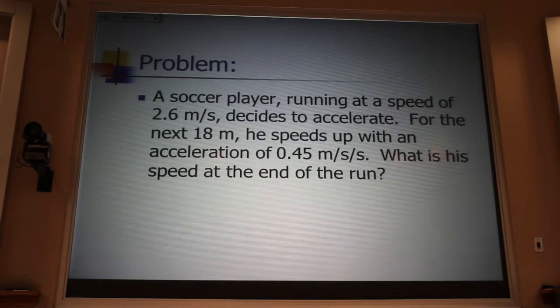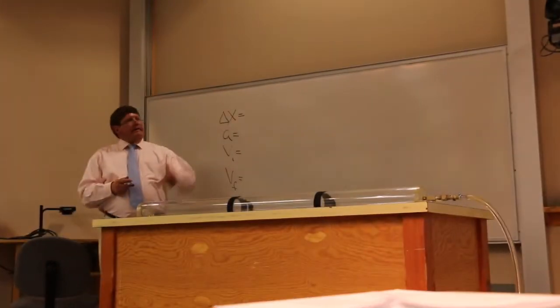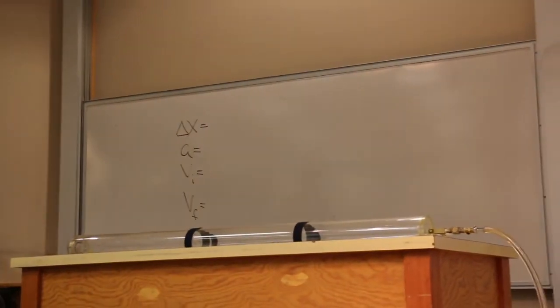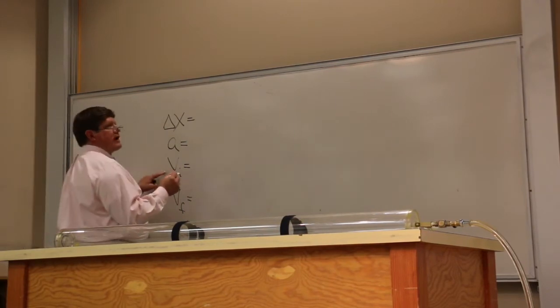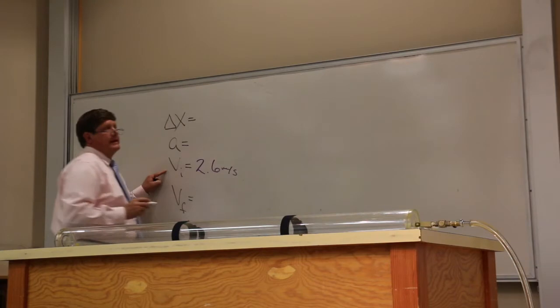Okay, let's work this one together to remind you. The first thing we do is turn off our brain, and then we just find 3 of these 5 variables from the problem statement. Well, originally that soccer player is traveling at 2.6 meters per second.